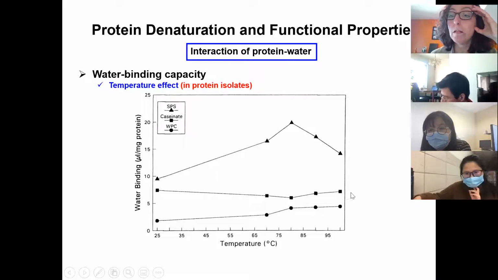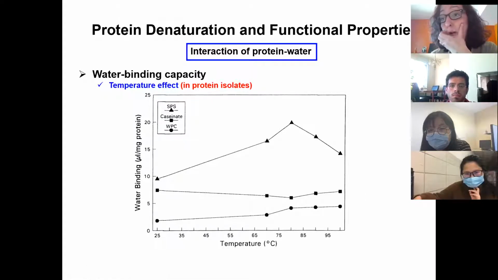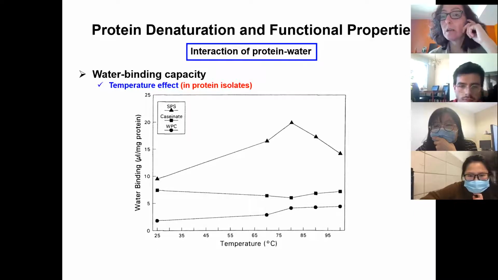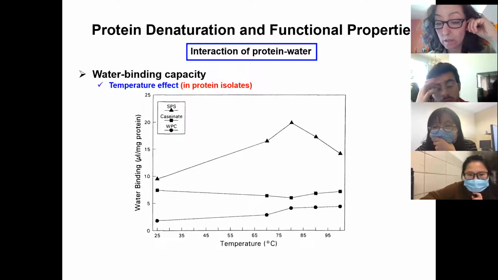Can one of you tell me why? Think about denaturation. The globular structure is more stable.